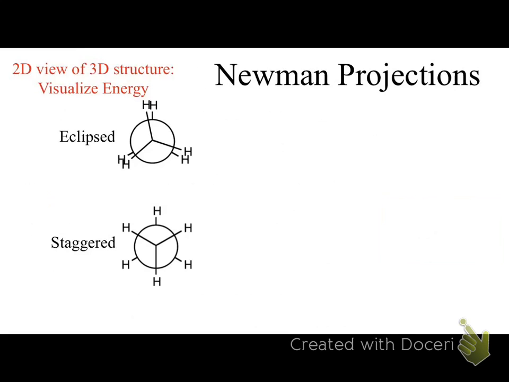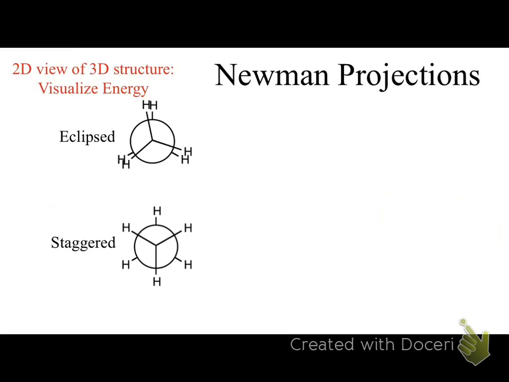So we ended with Newman projections on Monday. This is where a model kit can come in handy. If we take a look at an individual model and try to draw this out, we would attempt to put it together.